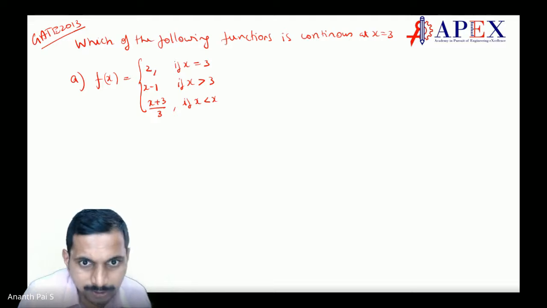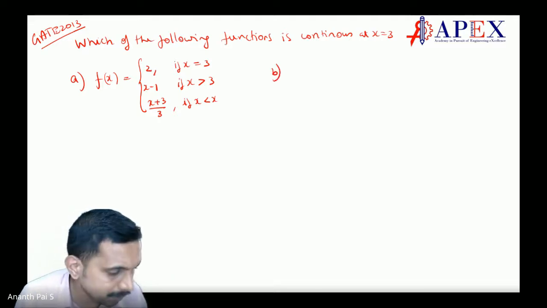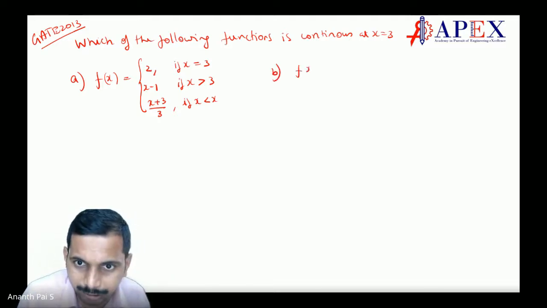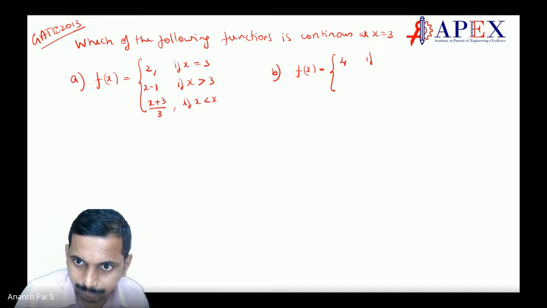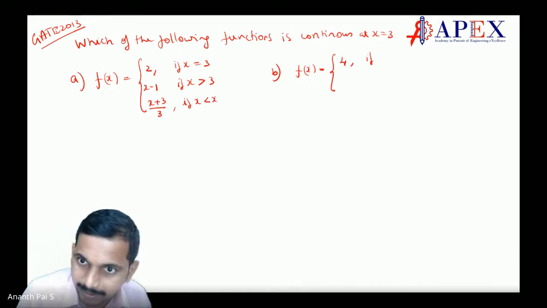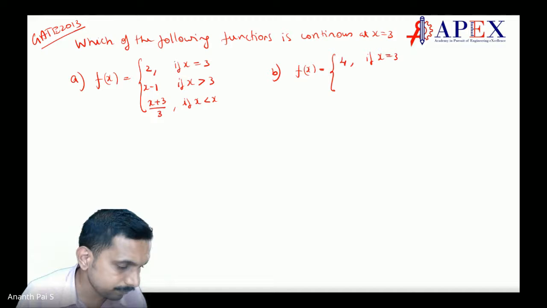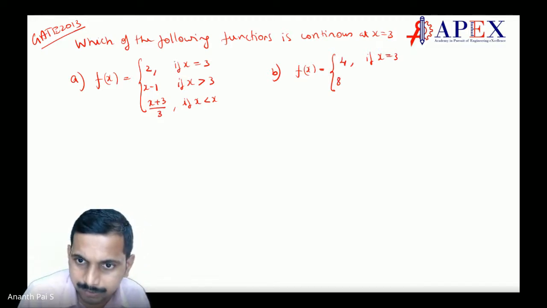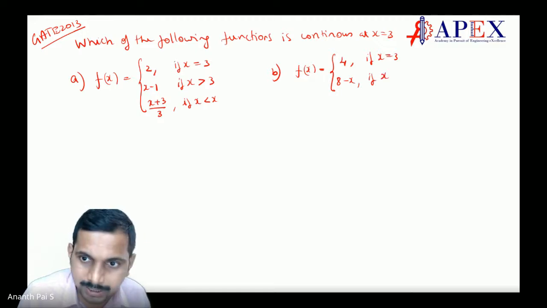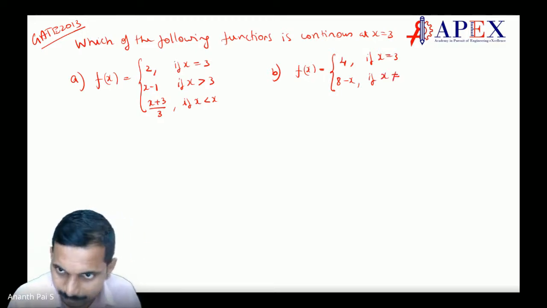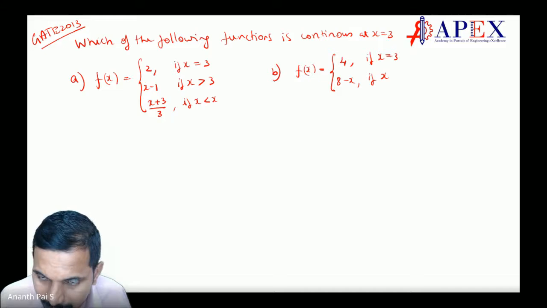Function B: f of x is equal to 4 if x is equal to 3, 8 minus x if x is not equal to 3.